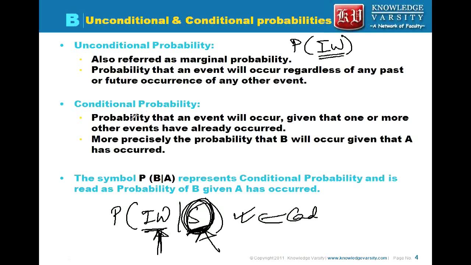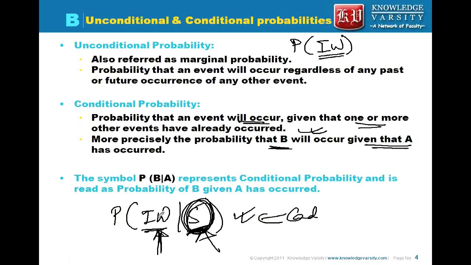So conditional probability is the probability that an event will occur given that one or more other events have already occurred. We are saying that Sachin is playing; what is the probability India is winning the match? So the probability that B will occur given that A has occurred.